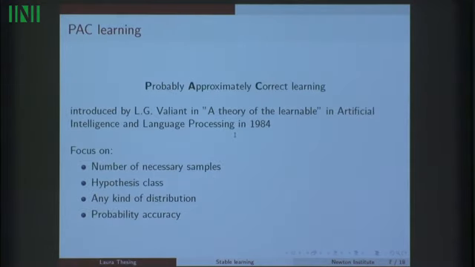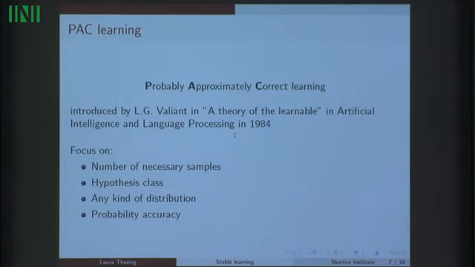And the system has been around already a bit longer. A very nice framework by Valiant is called the probably approximately correct learning system. So in the following I will just say PAC learning. This really nice framework focuses mainly on the number of necessary samples, so we get an idea of the complexity.